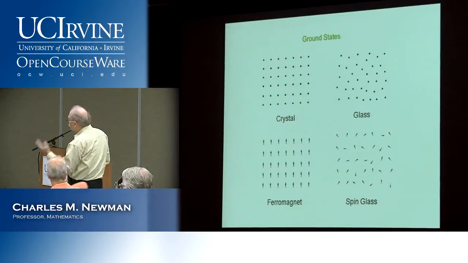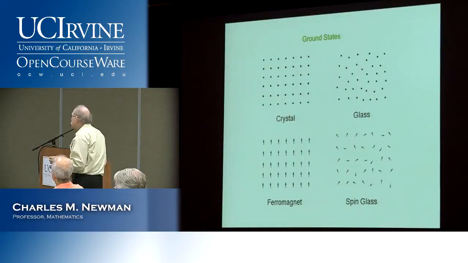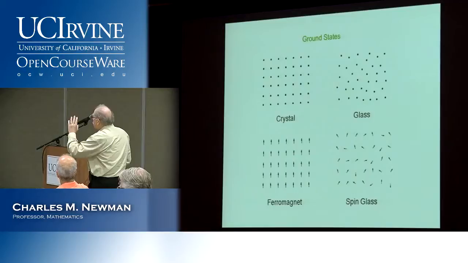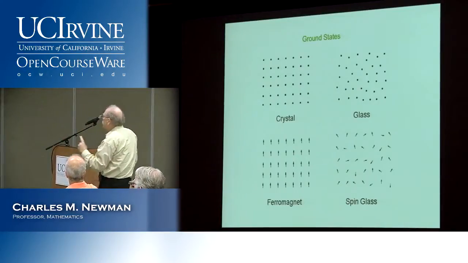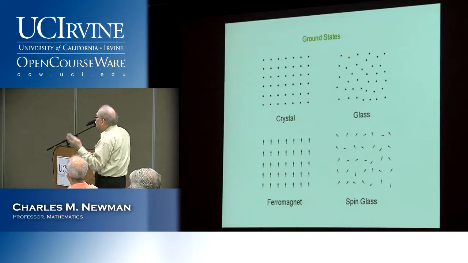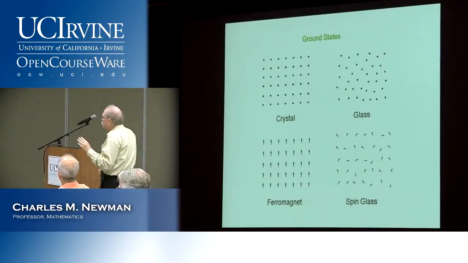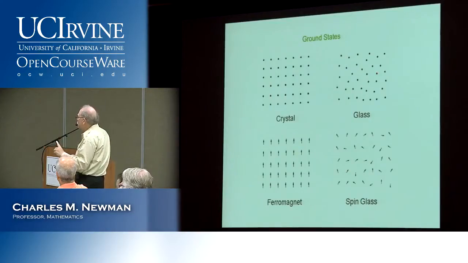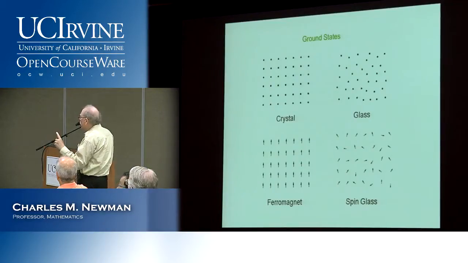So in a homogeneous magnet, there are sort of microscopic magnetic moments associated with the individual atoms or molecules. They're like tiny microscopic bar magnets, which can point in a specific direction.